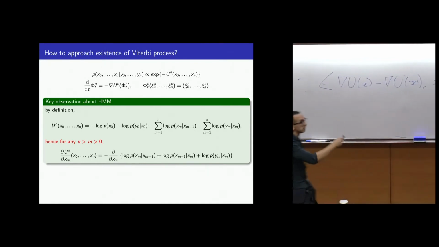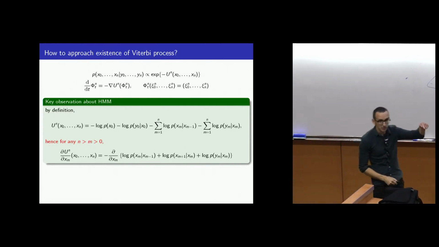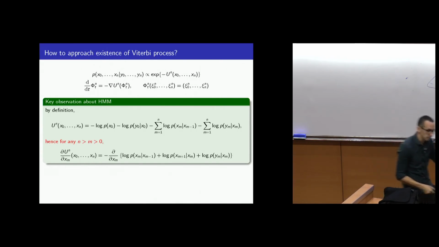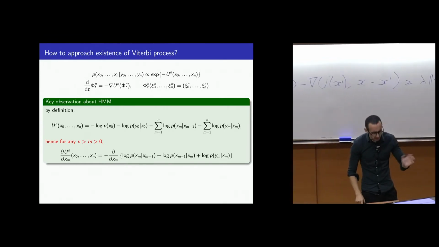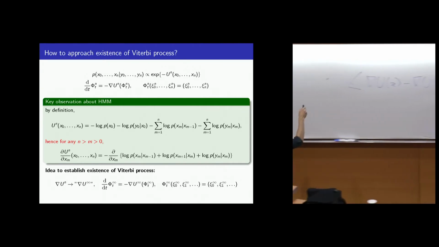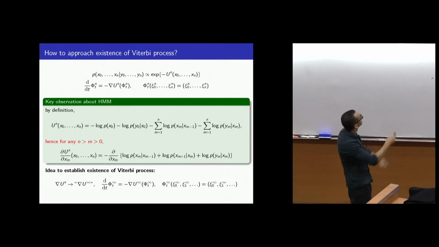So if you think about this gradient vector and you look at each of its elements, as I take n to infinity, each of the elements of that vector converges to something. Okay? So that seems to suggest that, in some sense, this gradient vector, as it gets longer and longer, converges to something. Okay, perhaps, at least.